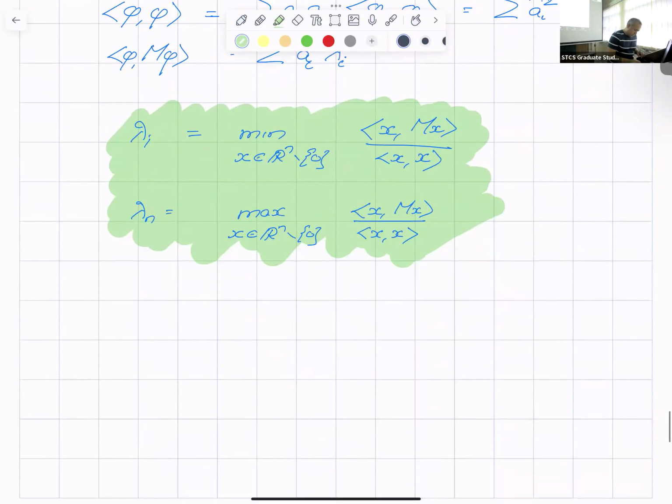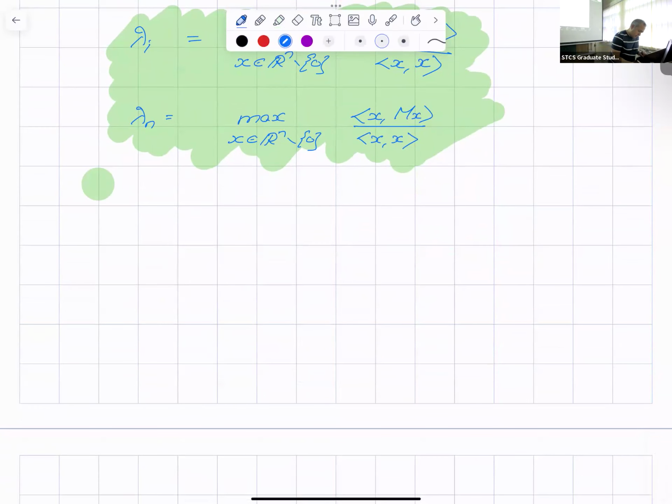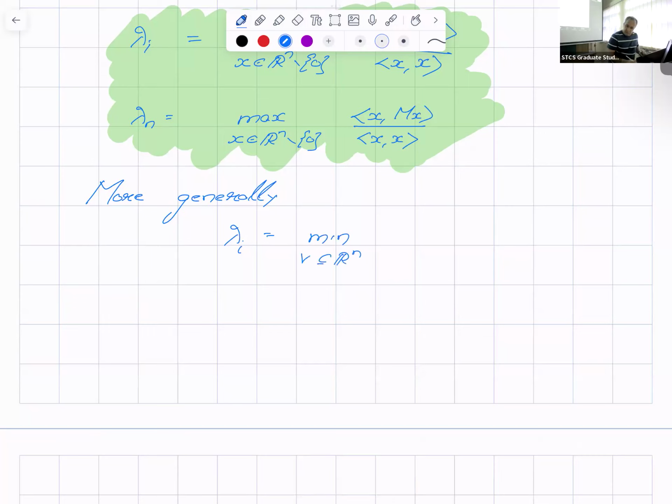But more generally, let me write the other thing. Generally, lambda_i is the min over all subspaces V of R^n with dimension i, of the max over x in V of x^T L x over x^T x.